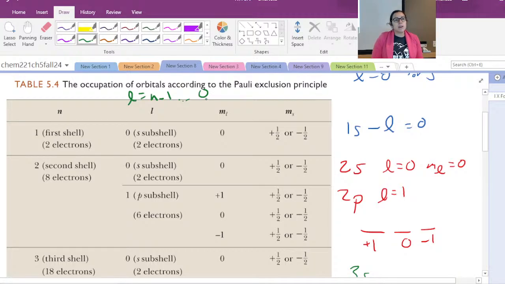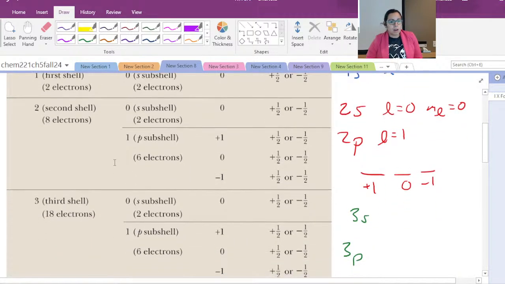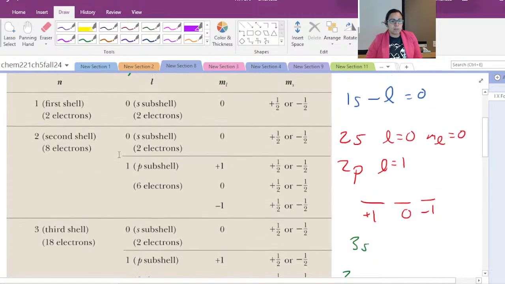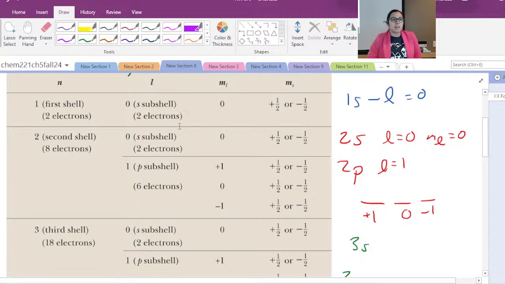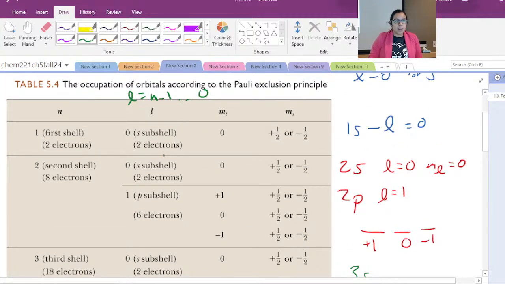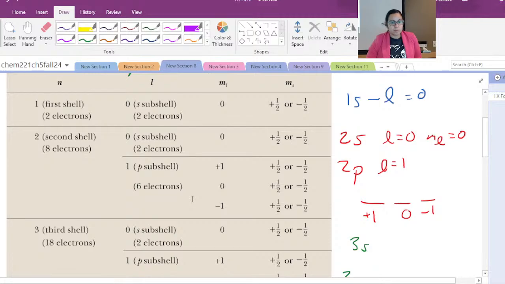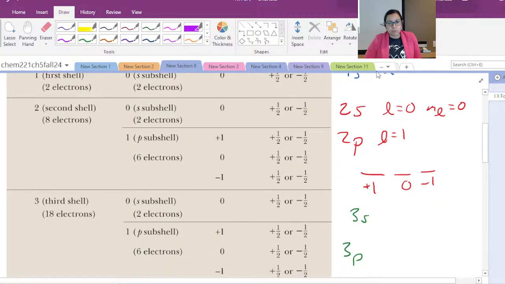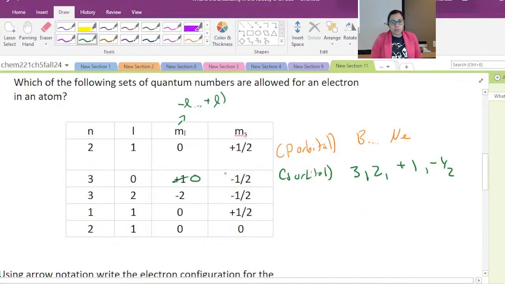Because L is always less than N, they won't be equal. L is always at least 1 less. All right, so this one looks good.